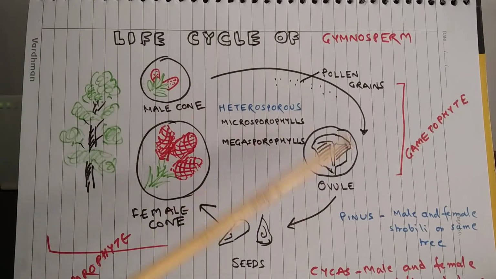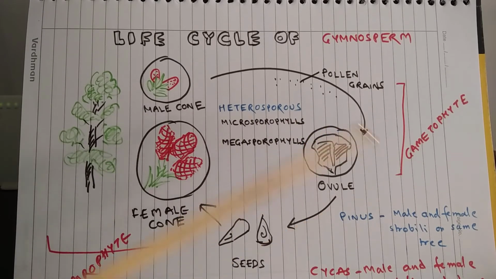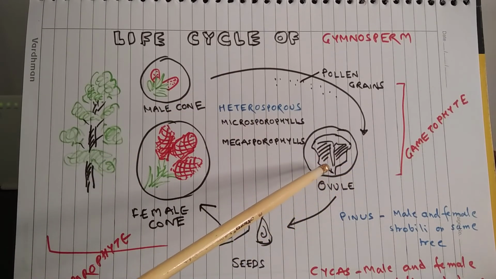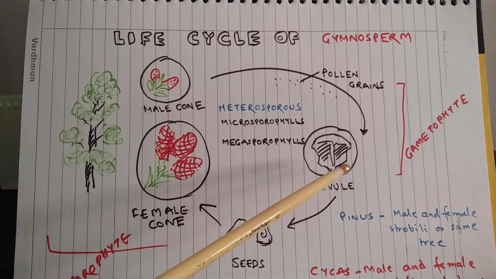Pollen grains reach up to ovule through air or with the help of pollinating agents like insects. Once the pollen grains reach ovule, they enter the ovule through microscopic pores, and these pores are called micropyles.